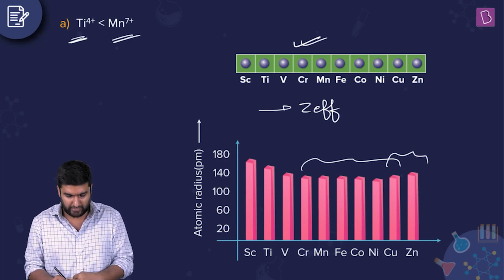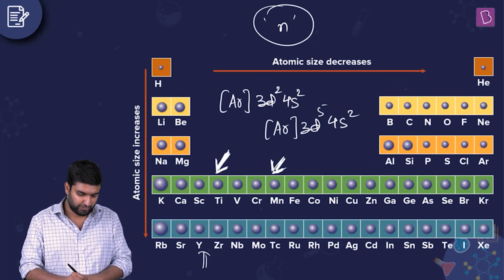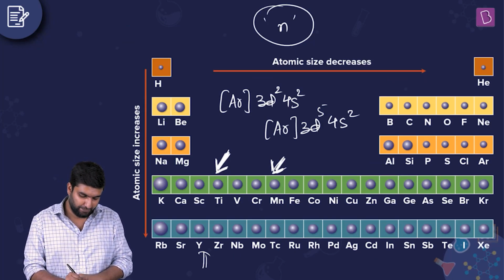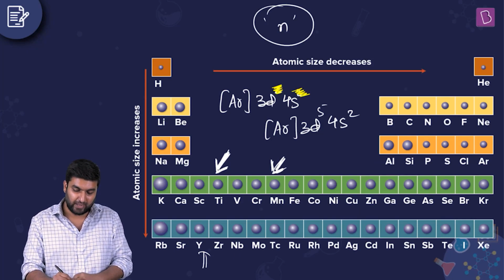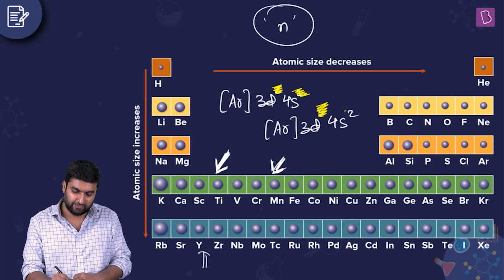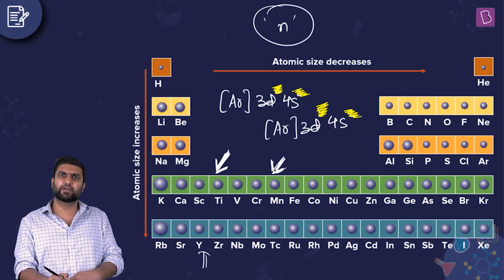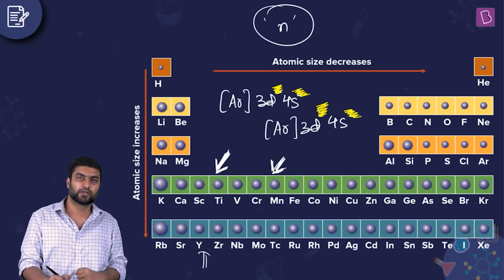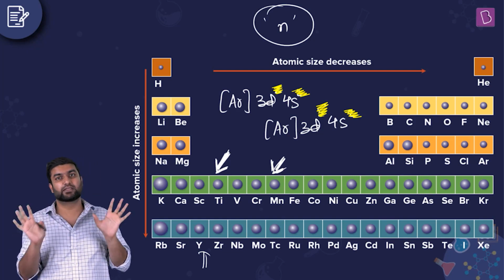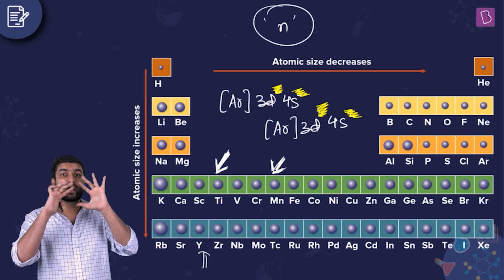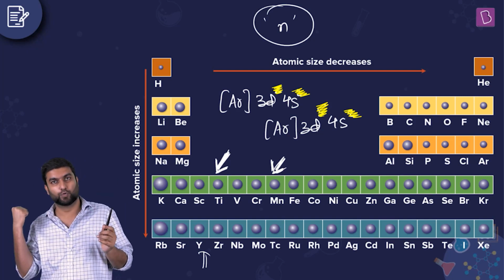Rip away 4 electrons from titanium and rip away 7 electrons from manganese. What are we left with? We are left with 4s0 3d0, right? So first of all, the entire 4th shell is removed.